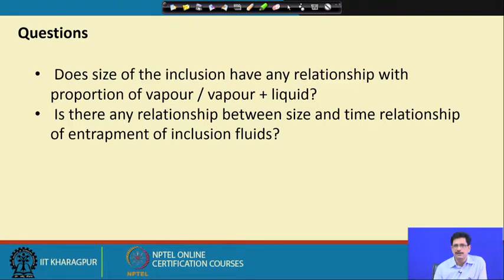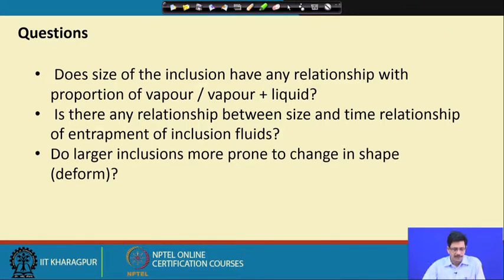Even when they occur as trail bound or as healed cracks, when the inclusions get entrapped during the process of healing of the cracks by later fluid, there also the variation in size is quite significant. So, there does not seem to be any relationship between the size and the timing of entrapment of the fluid inclusions.